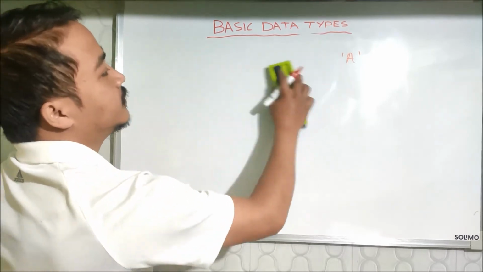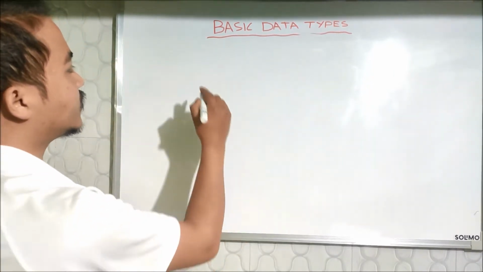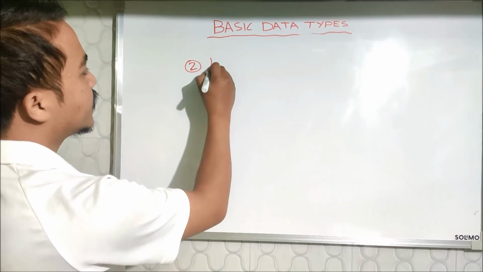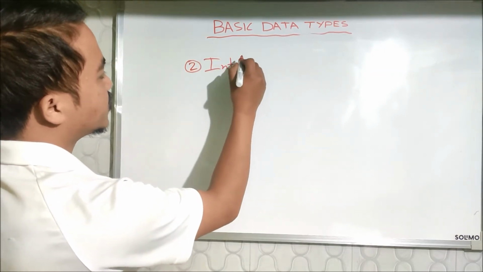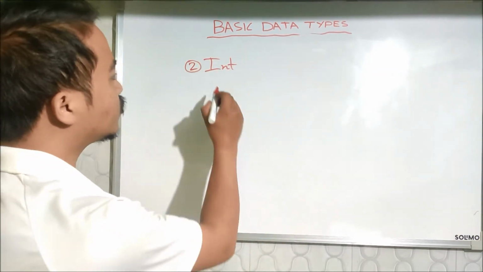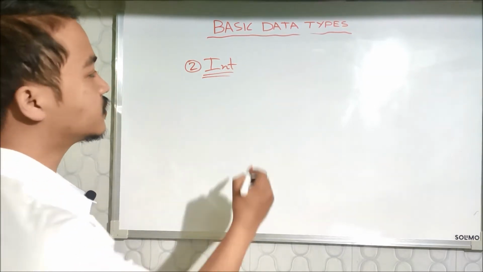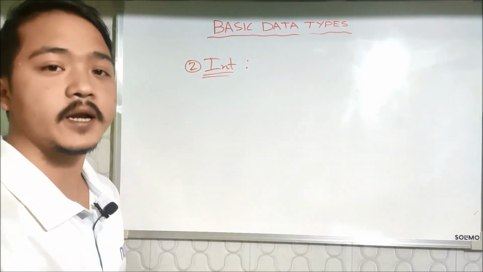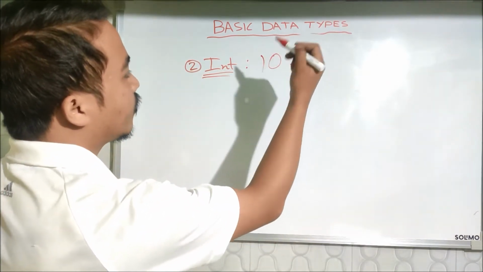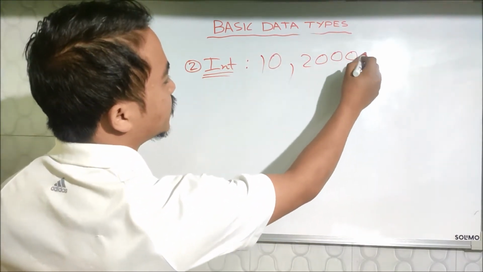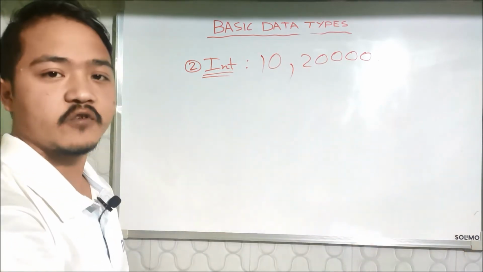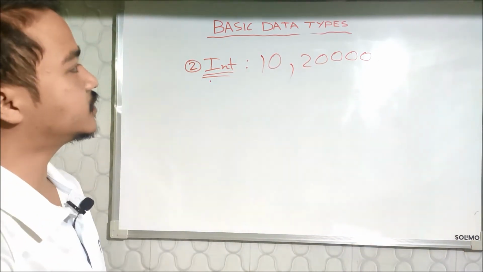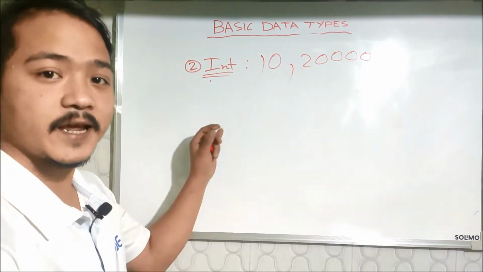Understood? So the second one is integer. Int, it's integer, but we represent it as int. If you want to store a number, let's say 10 or 20,000 or any number, we have to store it under the data type of int, that is integer.